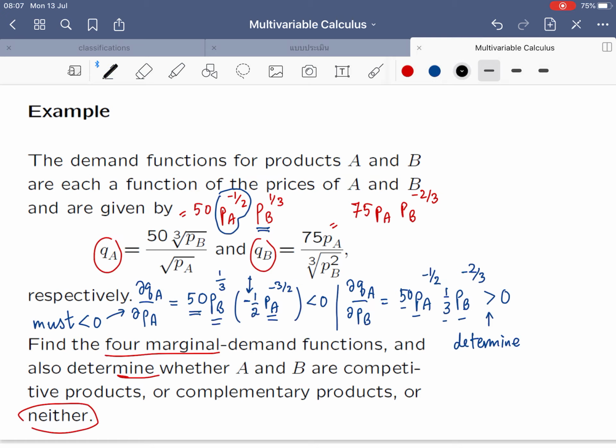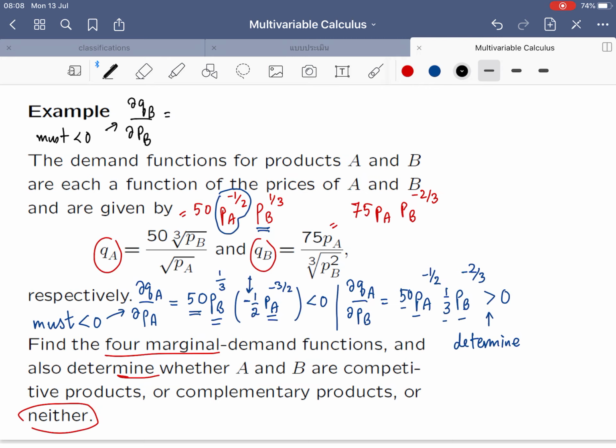Next, let us find the one about the second product: the marginal demand of the product B with respect to the price. Let's do this one first, because we know again that it must be negative.